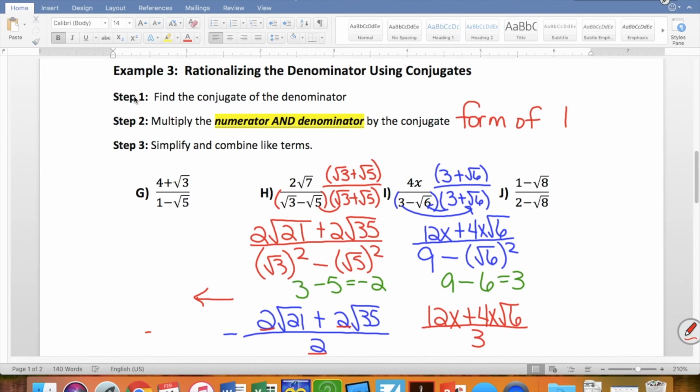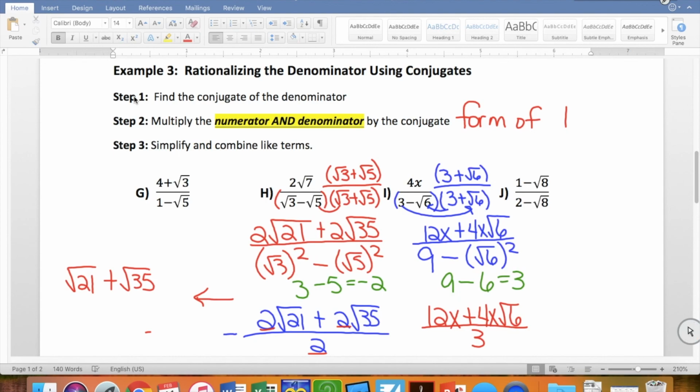So I can simplify this to the square root of 21 plus the square root of 35. And I cannot simplify that any further. I divided everything by 2, just saying that. So it'd be 1 square root of 21, 1 square root of 35, all over 1. I just didn't catch that earlier.